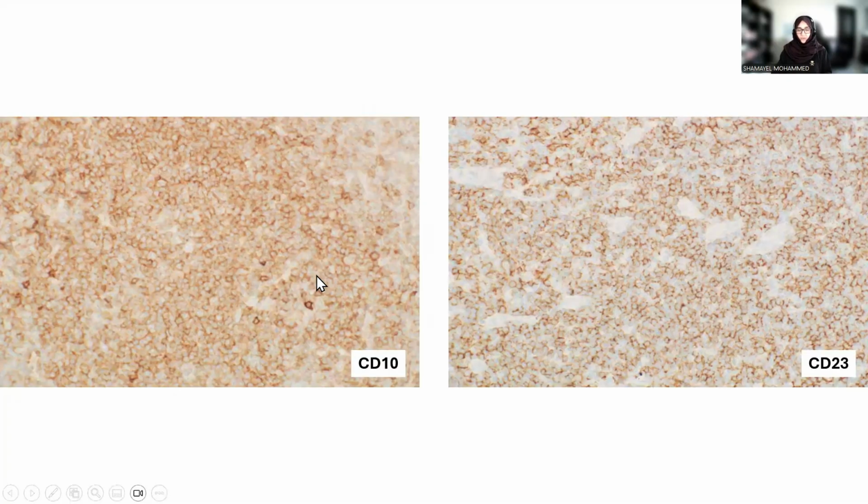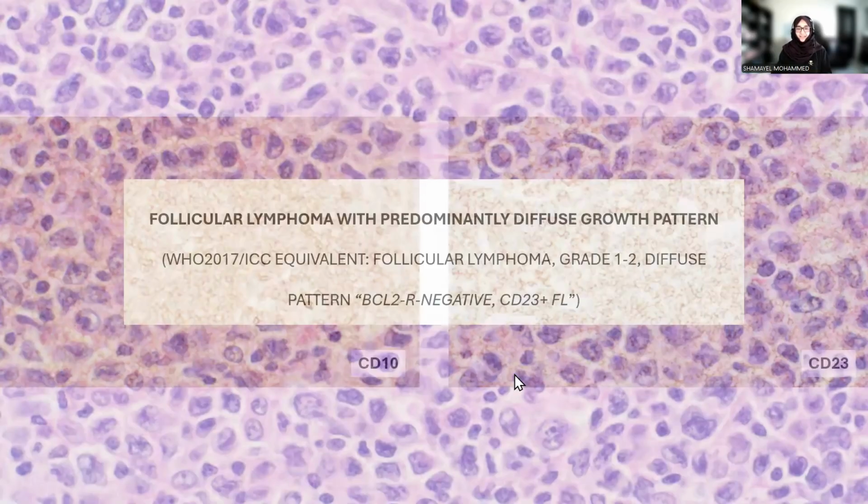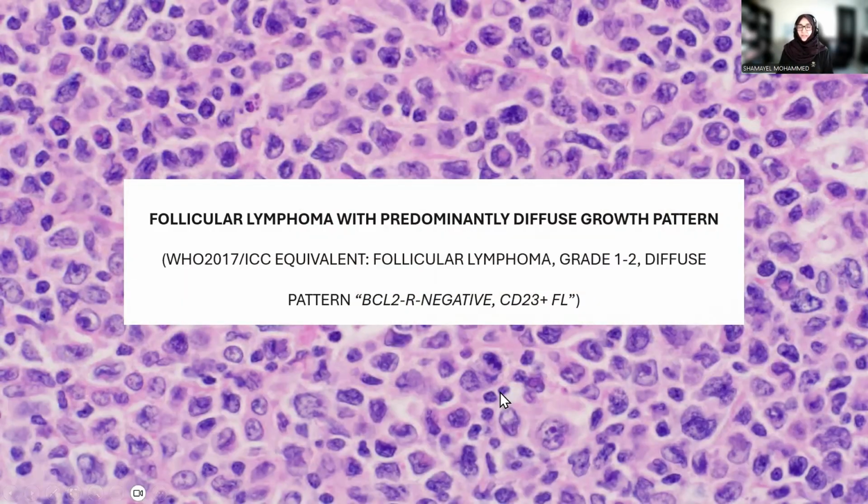So CD10 was positive, CD23 positive, obviously CD20 was also positive, and so this was a very elegant case of follicular lymphoma with predominantly diffuse growth pattern, and the patient only had this localized lymph node in the inguinal region.